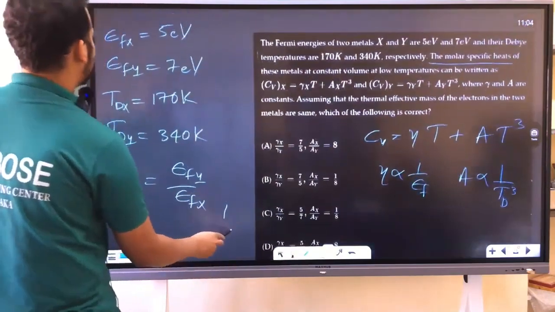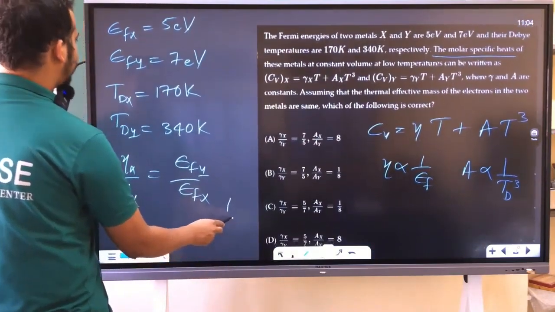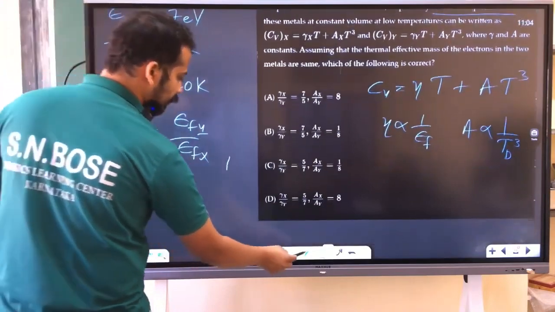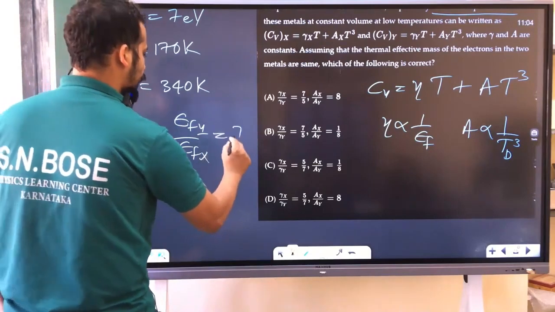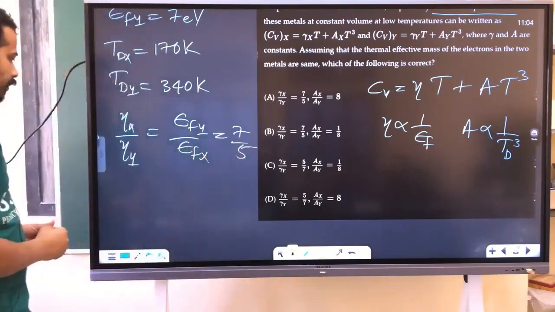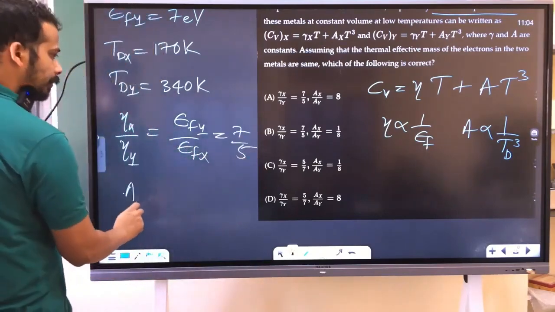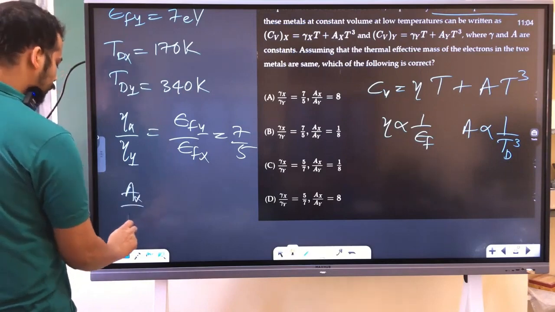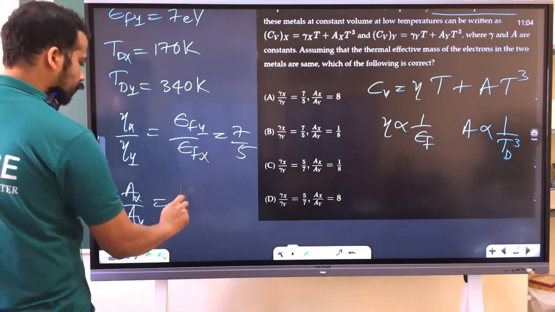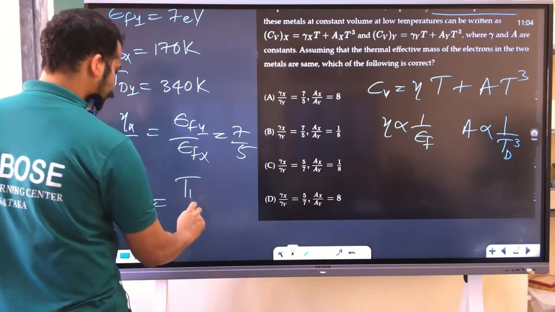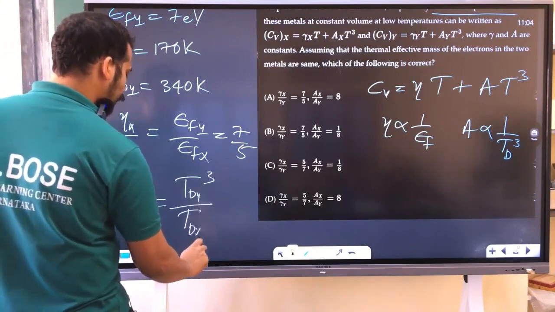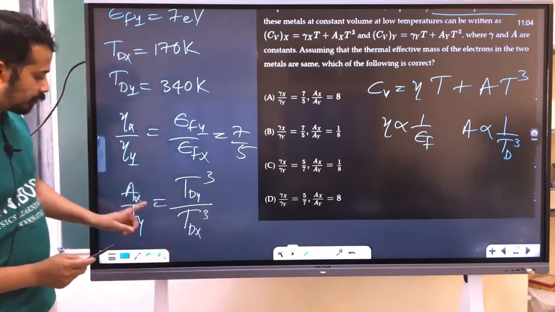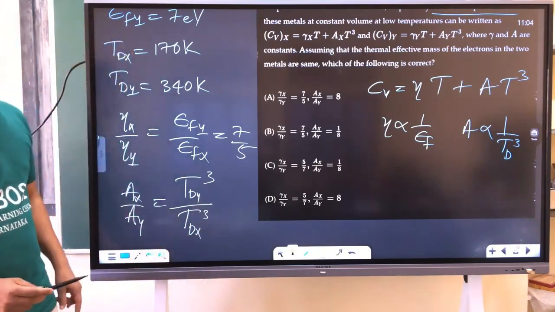EFY divided by EFX is 7 by 5, isn't it? Simply 7 by 5. Then AX divided by AY is equal to TDY cube divided by TDX cube.